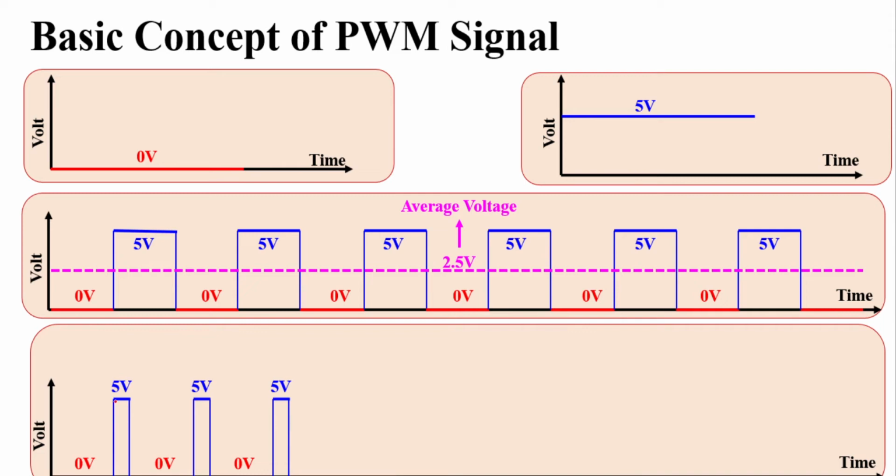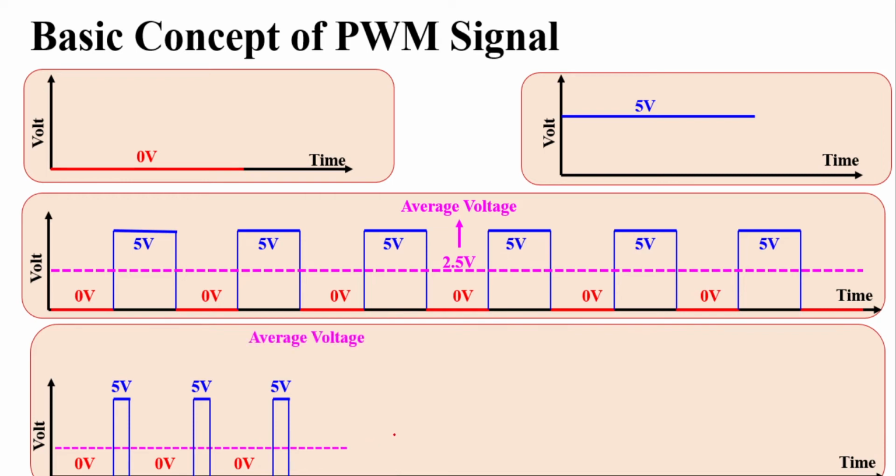Suppose we have 5 volt for a shorter time period and a longer time period for 0 volt. In this case, this pulse wave will have a lower average DC value.